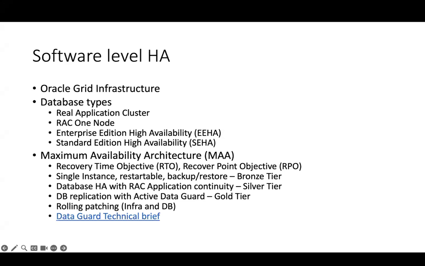From database type perspective, it offers 4 different options: Real Application Clusters, RAC One Node option, which I will talk about a bit more later on, single instance Enterprise Edition HA and Standard Edition HA.